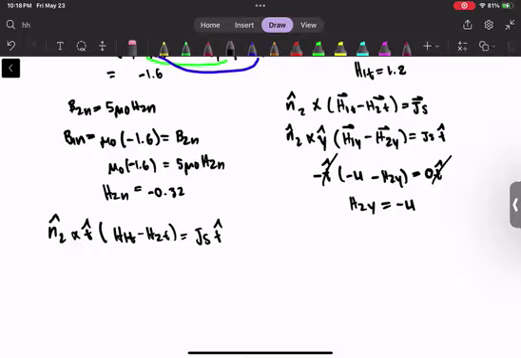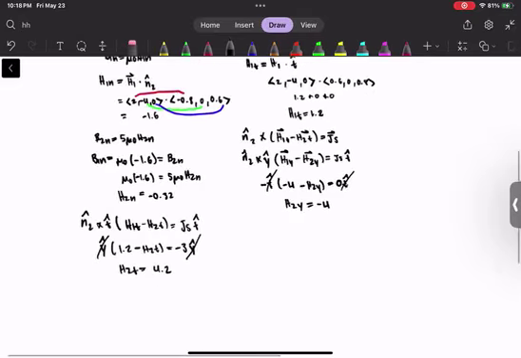We know that the cross product of these two is y, so there is a surface current in the y direction. We found our H1t already. This is 1.2 minus H2t equals negative 3y. These cancel out. Solved algebraically, we know H2t equals 4.2.